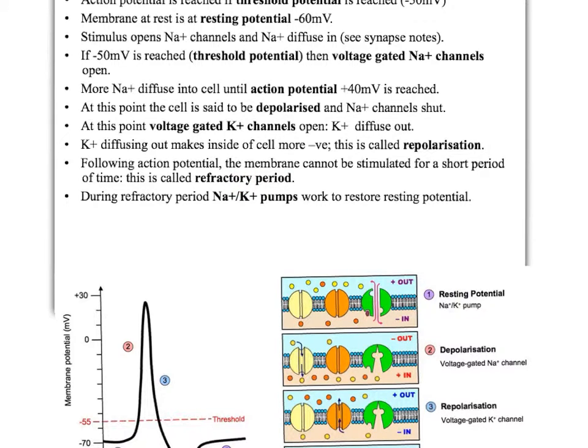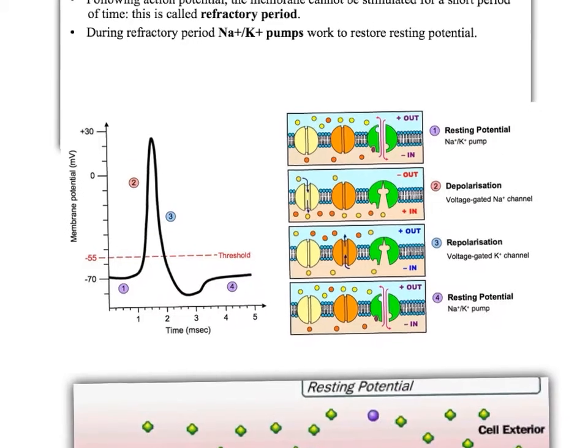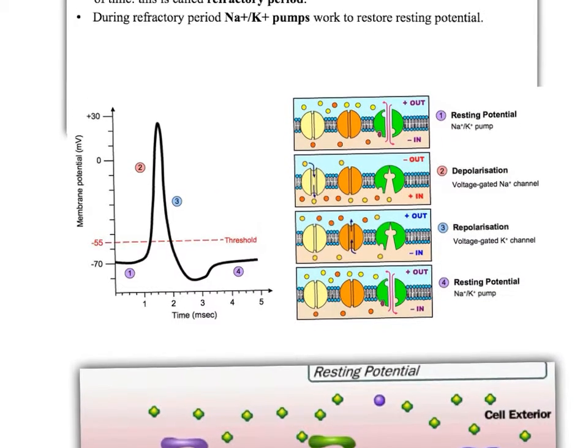Okay, looking at some diagrams of that, first of all we have this diagram here where we're seeing the state of the various ion channels at resting potential, at depolarization and repolarization, and then resting potential again.